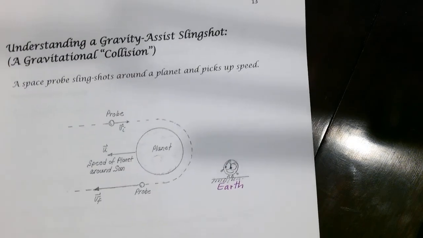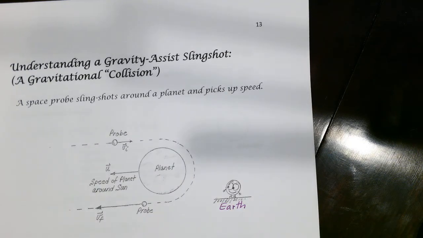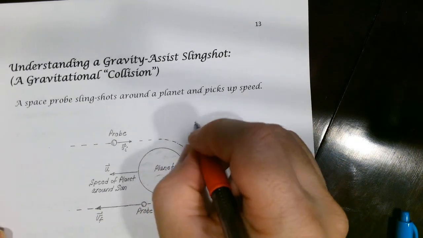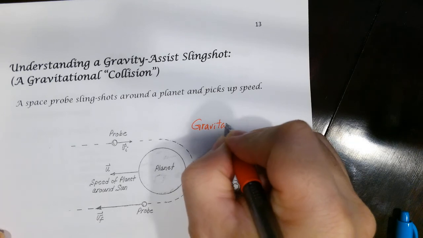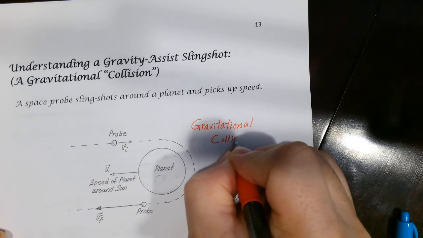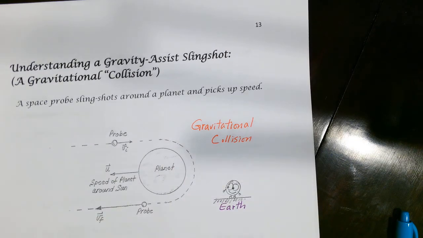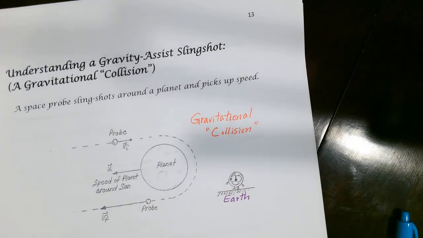What happens? A perfect bounce means we don't get anything lost. Nothing is really lost. So think about this gravity capture as a gravitational collision, and I'm going to put that collision in quotes.